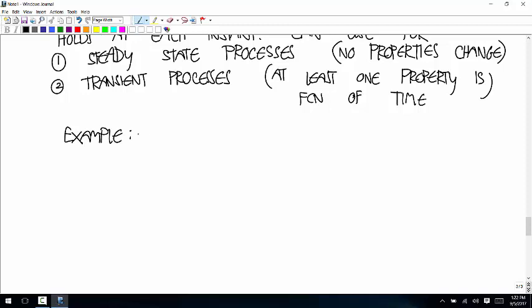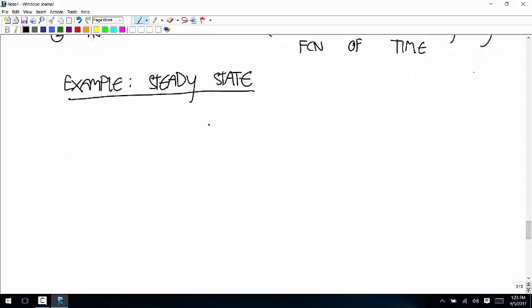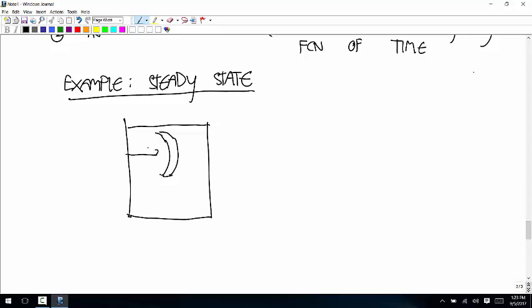So here's an example of a steady state process. Let's say we have a gearbox. Here's the boundary of the gearbox. You have a gear connected to this shaft that's bringing power in as an input.